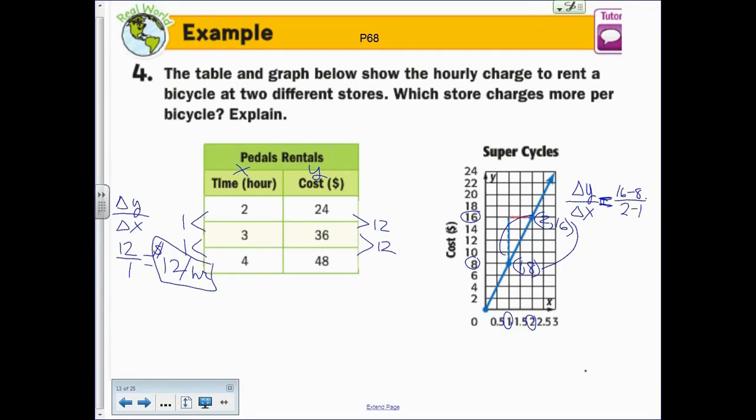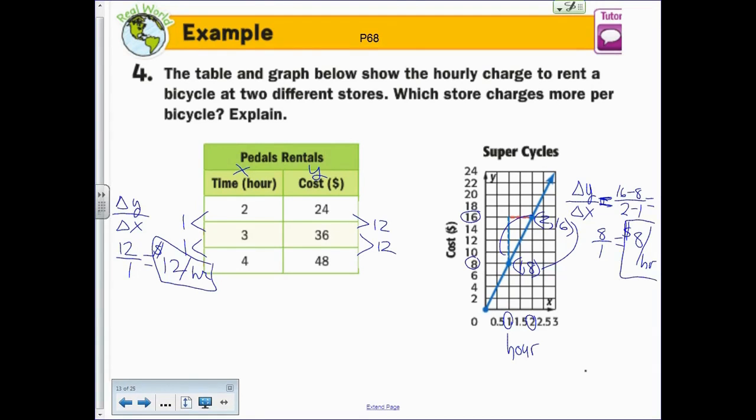That gives us 8 over 1, or 8. And again, it is dollars per hour. You will notice that they did not label their x-axis correctly. They didn't put hour down here.